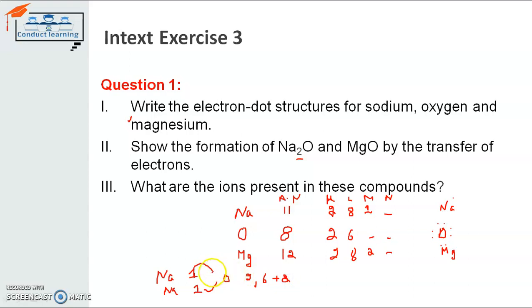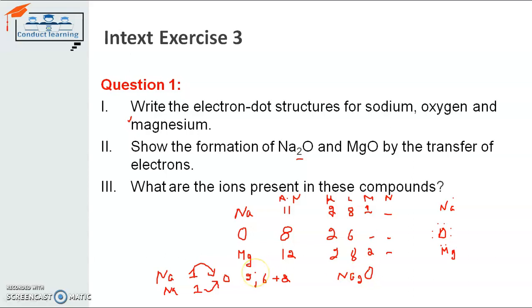It will take these 2 electrons from the 2 different atoms of sodium. The element is the same but the atoms are different. There are 2 sodium atoms. So 1 electron from this sodium and 1 electron from the other sodium will be transferred to the oxygen, and oxygen will become stable and form Na2O.